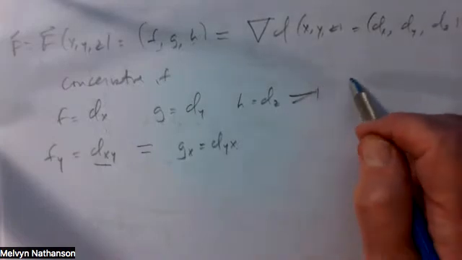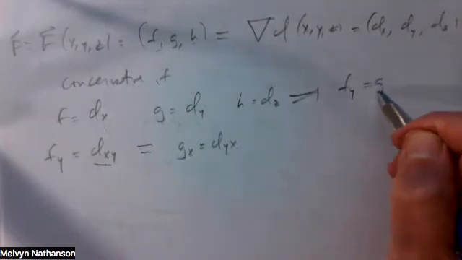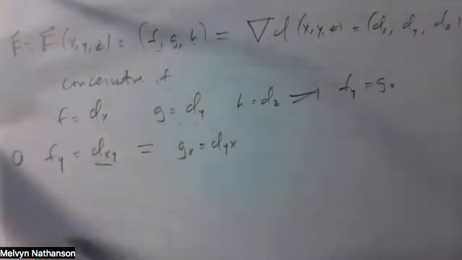So the partial of F with respect to Y equals the partial of G with respect to X.